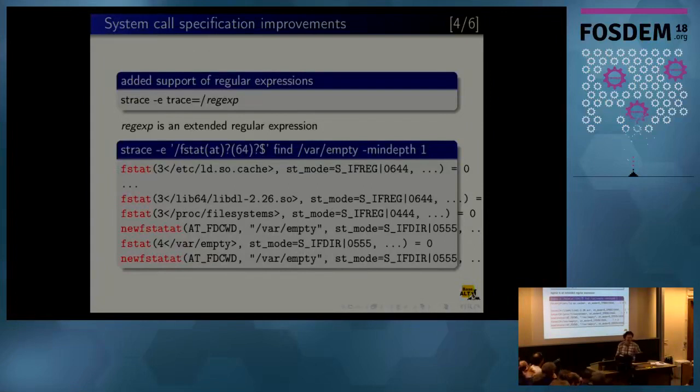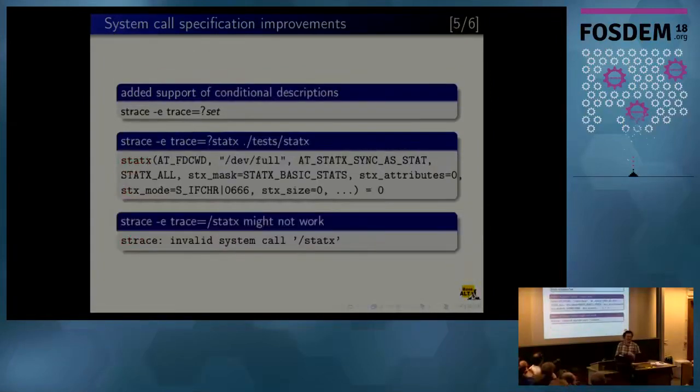Another feature of system call specifications is conditional expressions. As you probably know, system calls are added in almost every new Linux kernel release, and they are not added to all architectures at the same time. It's not normally the case.